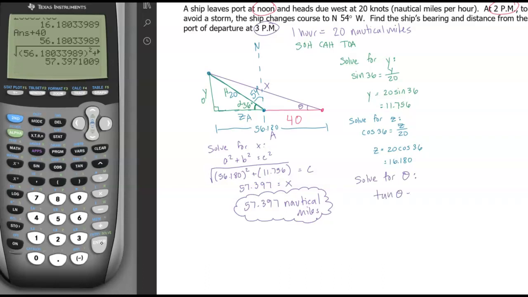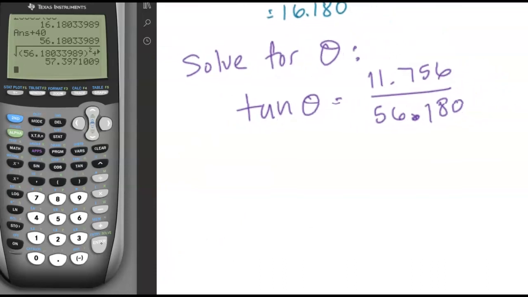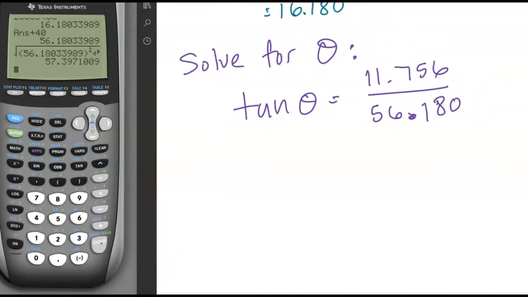Tangent of theta is opposite, which is that 11.756, over adjacent, which is the 56.180. And to get theta by itself, we multiply both sides by the inverse of tangent, or we take the inverse tangent on both sides, I should say.